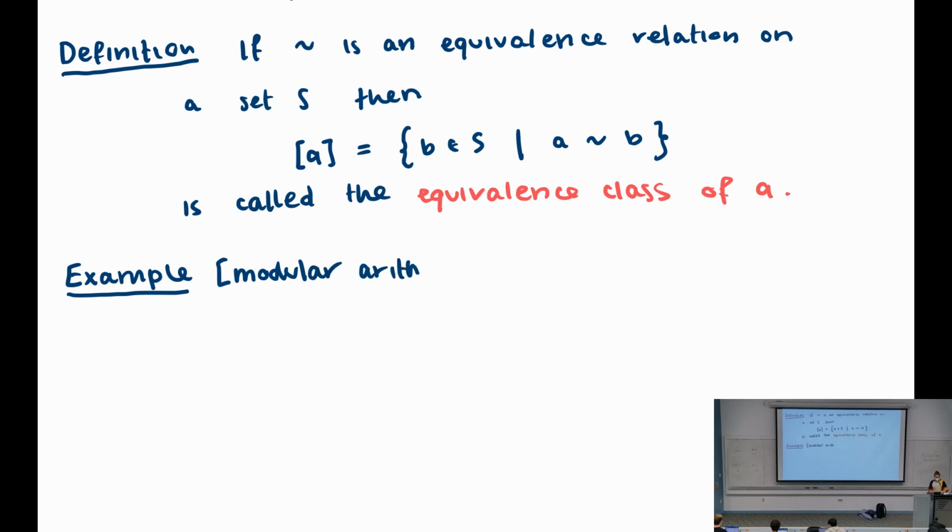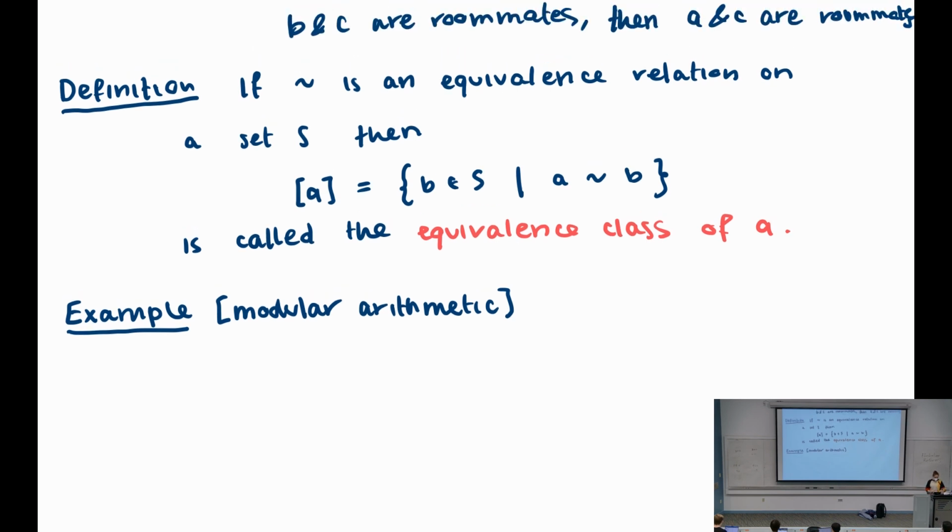Yeah. So if I have an equivalence class, everything inside that equivalence class is the same equivalence class. So this is a good observation. The question was, if A is related to B, then is the class of A equal to the class of B?